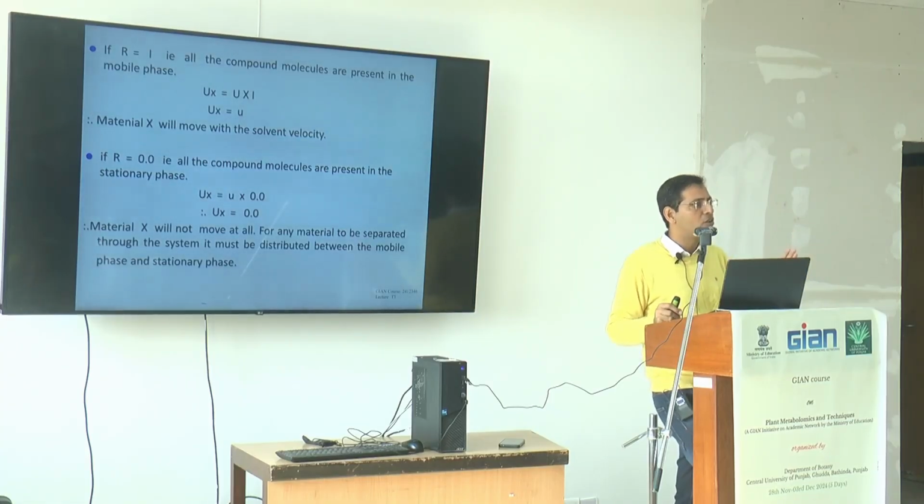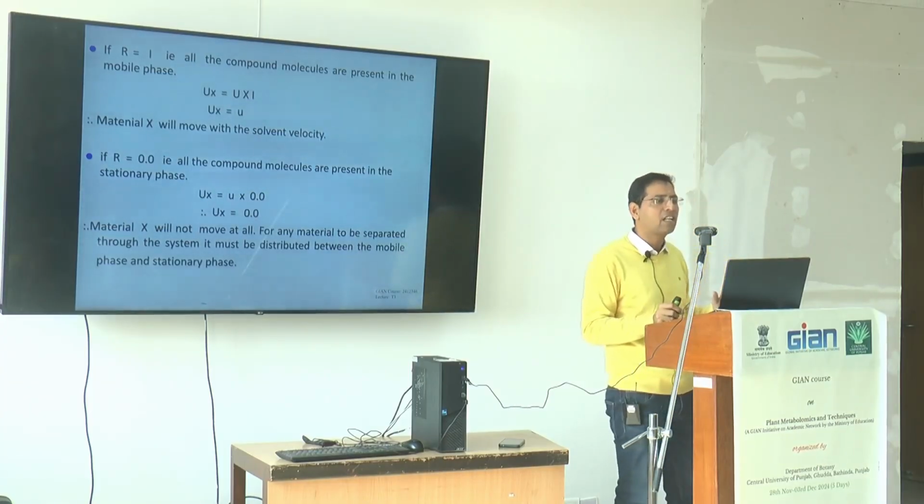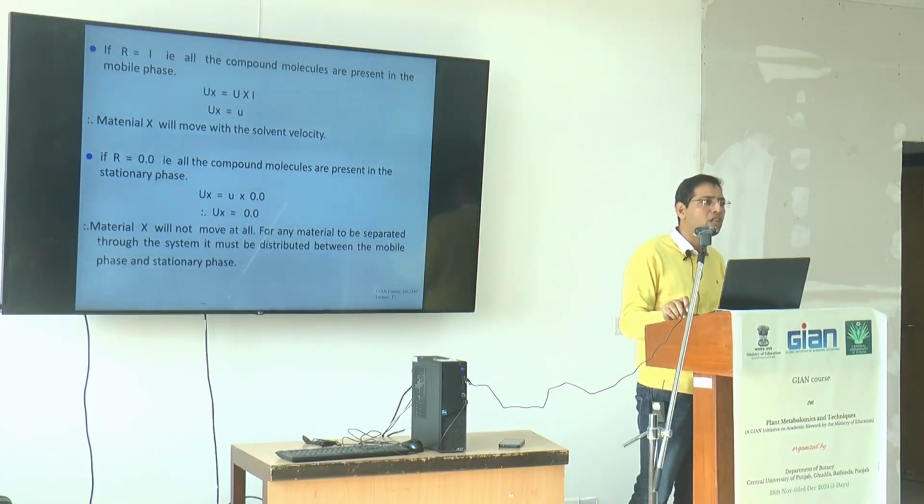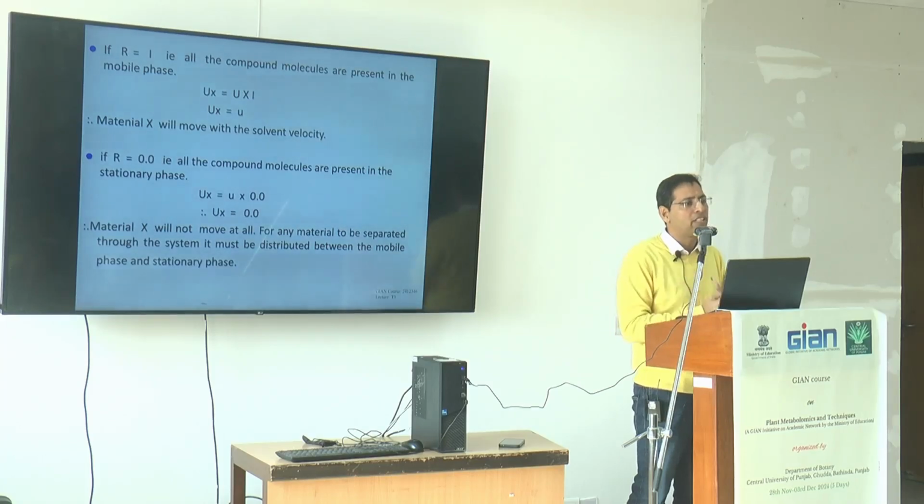If R is 0, the molecule never comes out of the column and is retained by the stationary phase. So the R value must be between 0 and 1, and only then do these compounds come within the running time. Sometimes you are running the components, but that metabolite is not coming in the chromatogram.